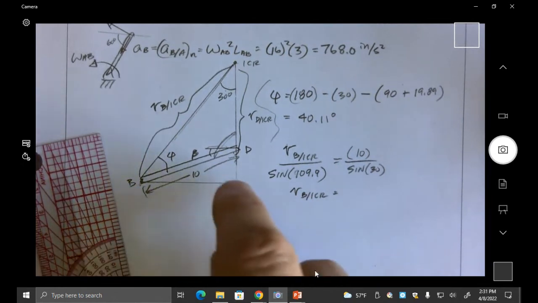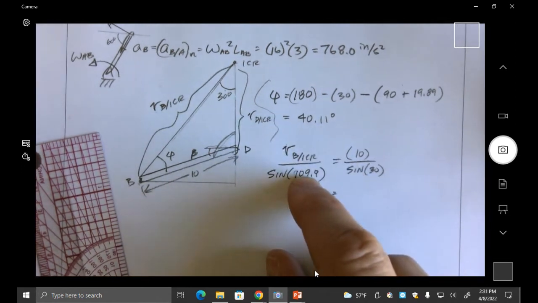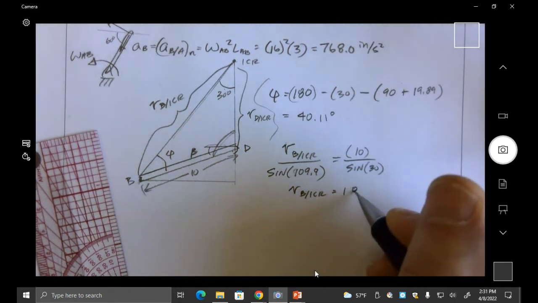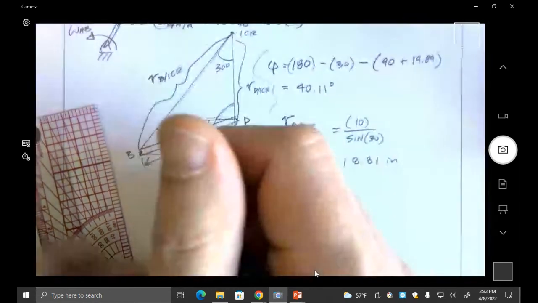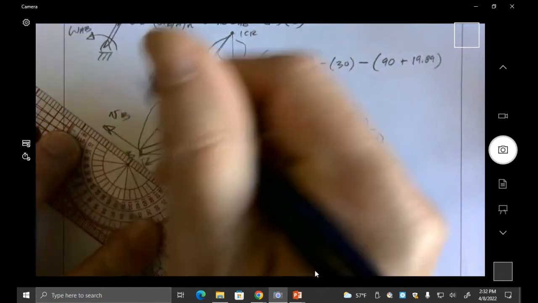Actually, I didn't need that angle right there. All I needed was, is that true? Yeah, that's all I needed. So 10 divided by sine of 30, that's 20, and then multiply by the sine of 109.89, I get 18.81. And this was a velocity that was coming up that way, VB.